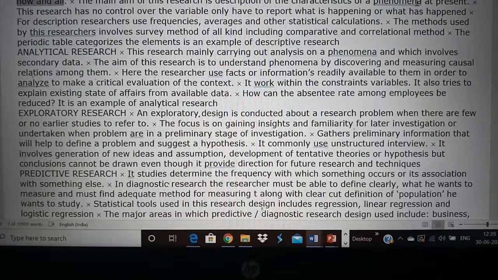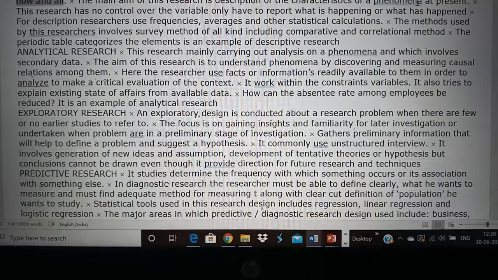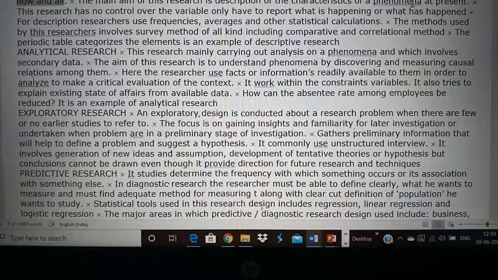I hope you understood this area. Exploratory research is a new research that nobody has ever done, and that's why it's called exploring or finding something new. It is based on a hypothesis, and the researcher is the one who will hypothesize.